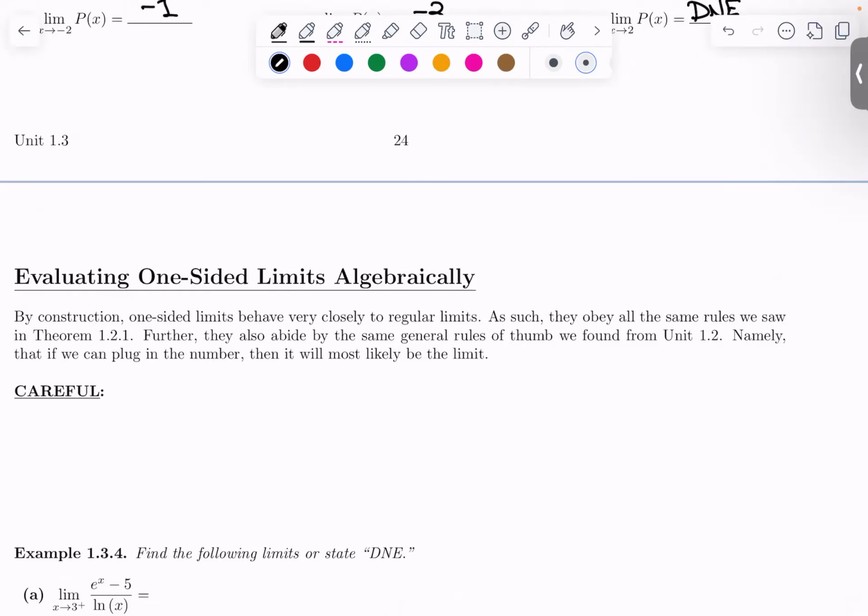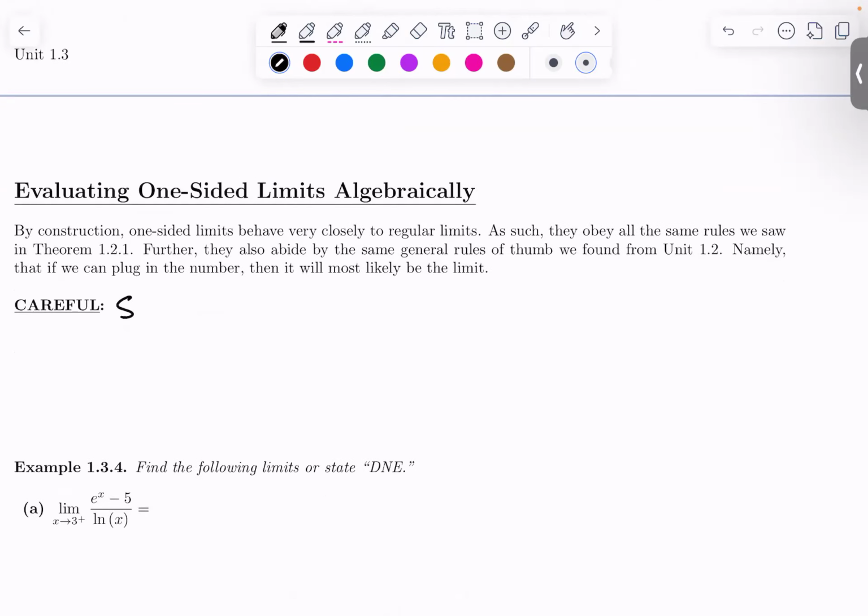The limit of a product can be broken up into a product of limits, and so on and so forth. But there's a little bit that we need to be careful about. Sadly, one-sided limits have their quirks. Sometimes it will matter which side you approach from.